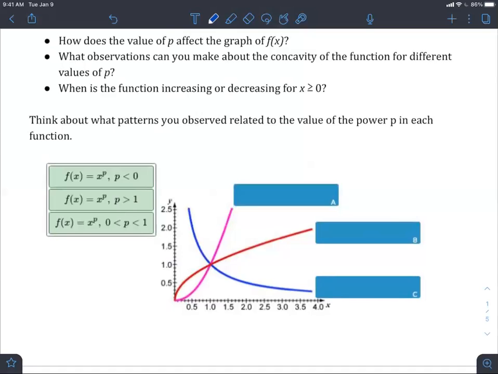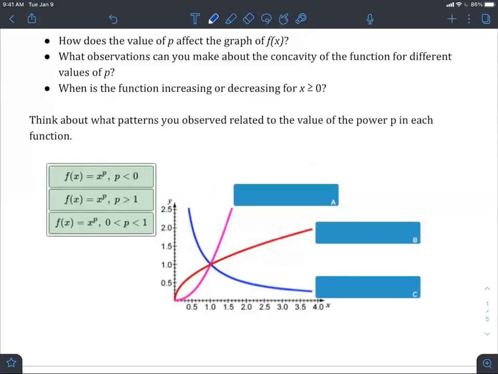Now those patterns are, okay, that we can classify our power functions into 3 categories. Categories where P is greater than 1. Okay, when P is greater than 1. These are the x squareds, the x cubes, x to the fifths, x to the fourths. These are our higher order degree functions, okay?